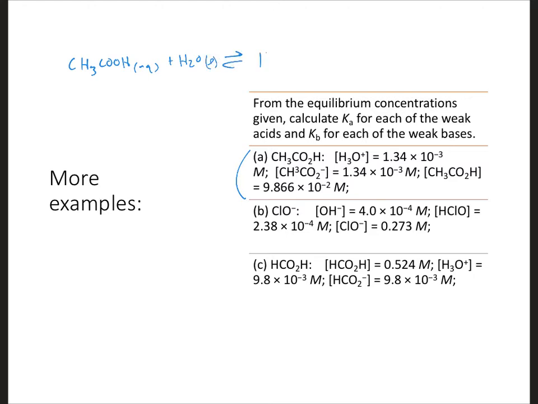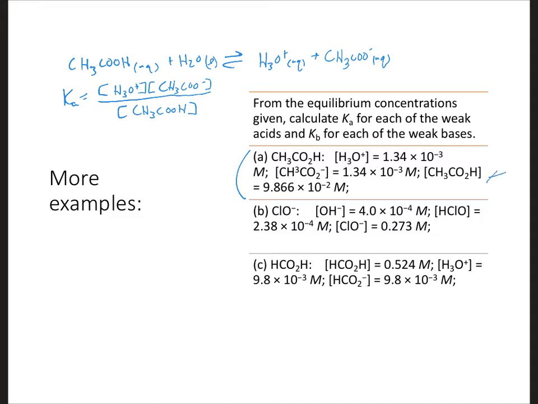That equilibrium is going to be H3O pluses that are aqueous plus some leftover conjugate base, which is going to be CH3COO minus, also aqueous. So we can set this up as an equilibrium expression with our products on the top and our reactants on the bottom, and then it's a matter of plugging in the numbers that they gave us in the problem.